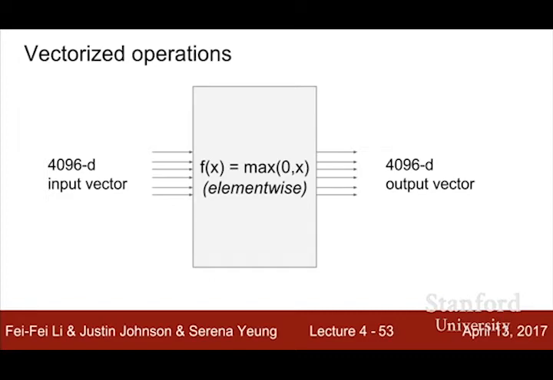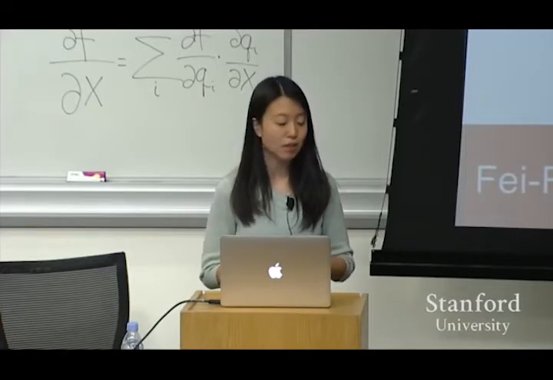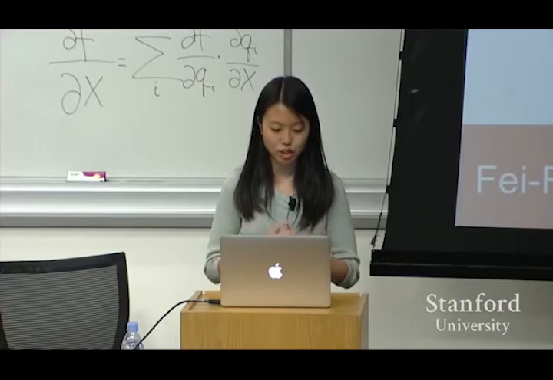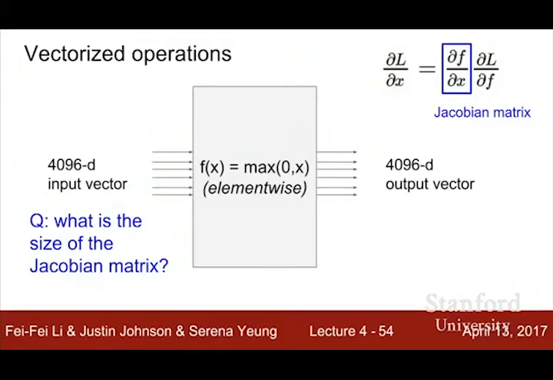Then our output is also a 4096-dimensional vector. In this case, what's the size of our Jacobian matrix? Remember I said earlier the Jacobian matrix is a matrix of partial derivatives of each dimension of the output with respect to each dimension of the input.